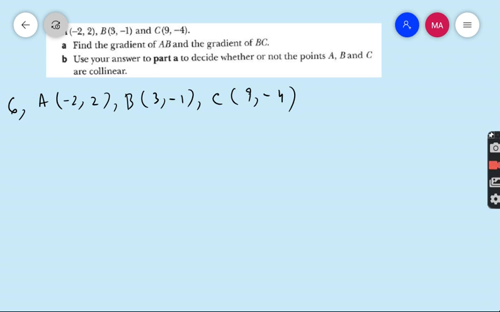A is minus 2, 2, B is 3, minus 1, and C is 9, minus 4.